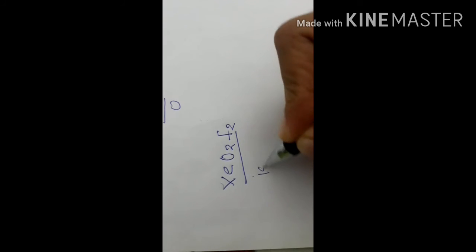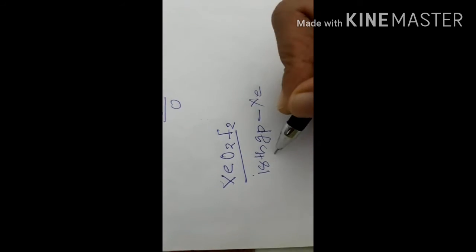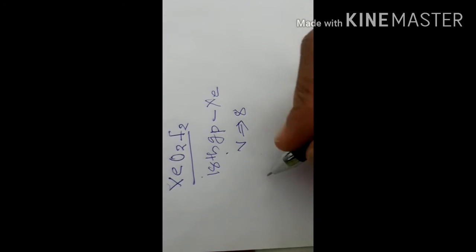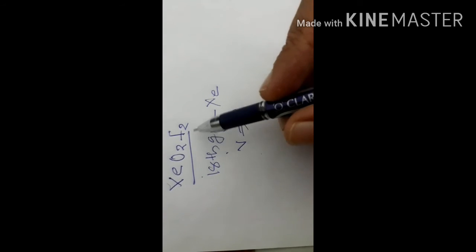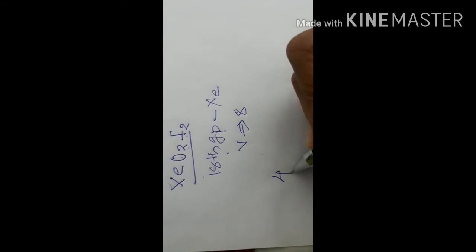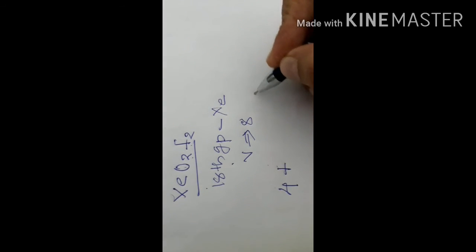Let us consider another example, XeO2F2. Xe is an 18th group element. Here the central atom is Xe. Its valency is 8. By applying the formula, the number of atoms attached is 2 oxygen and 2 fluorine. That is 2 plus 2 is equal to 4, plus, consider the valency 8.